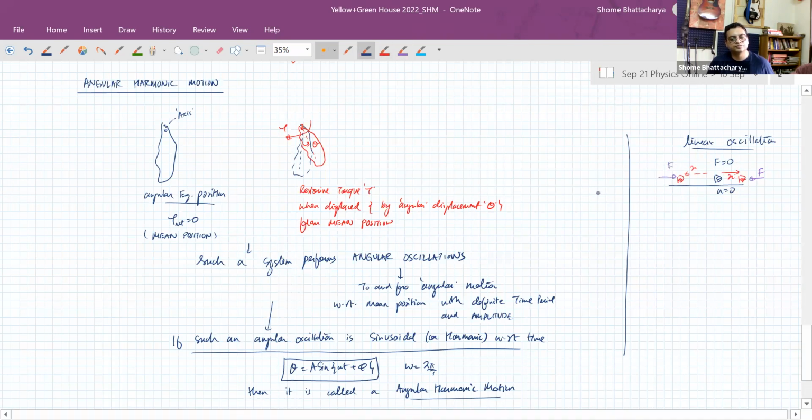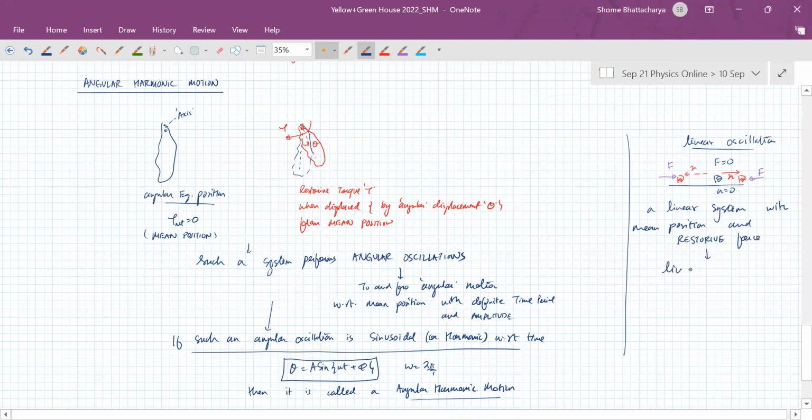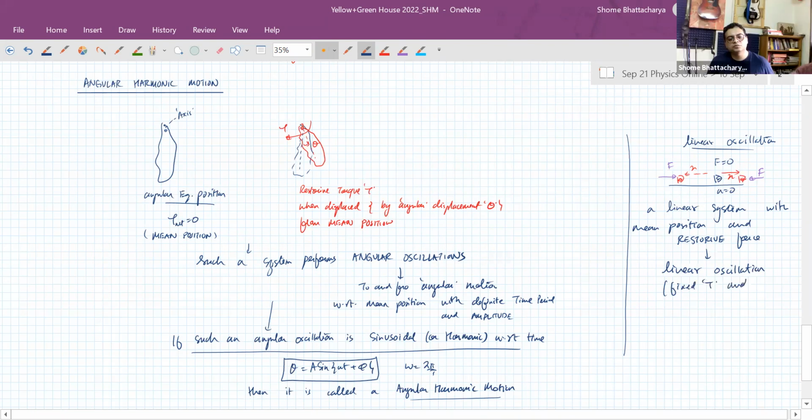So a linear system with mean position and restorative force does linear oscillations with fixed time period and amplitude.